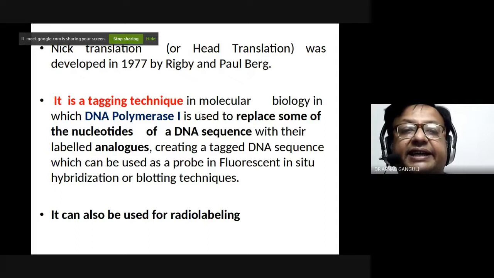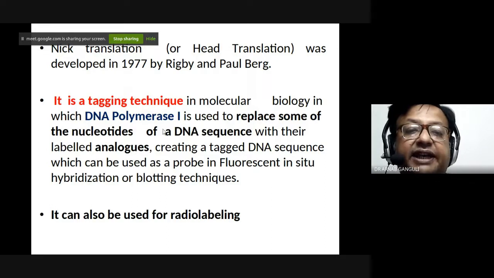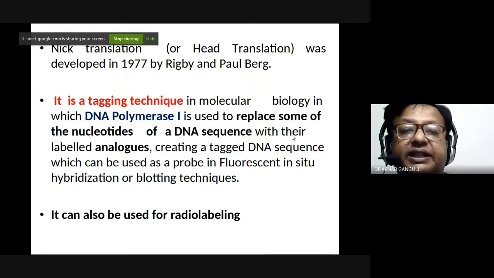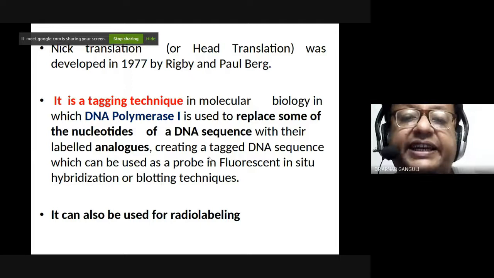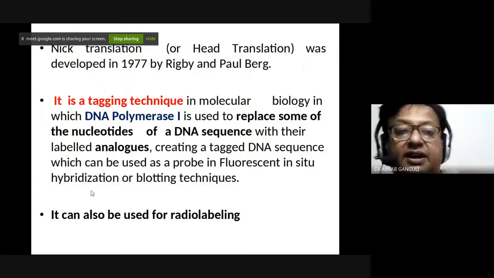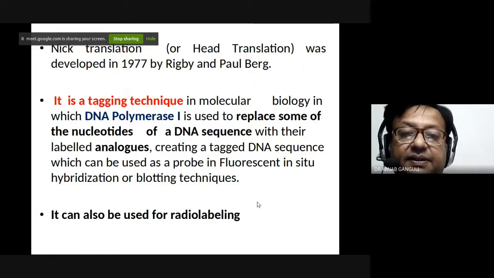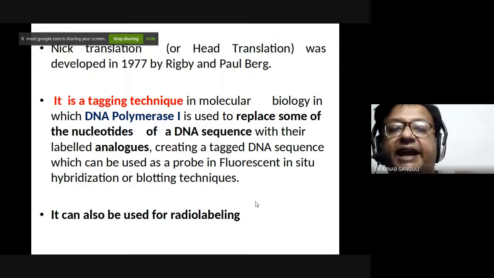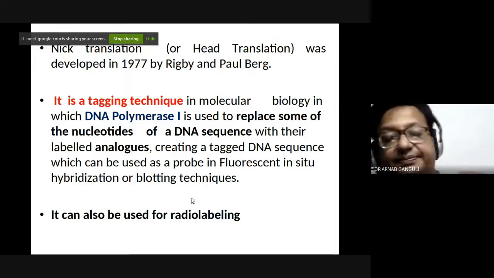It is a tagging technique in molecular biology in which DNA polymerase is used to replace some of the nucleotides of a DNA sequence with their radiolabeled analogs, creating a tagged DNA sequence, which can be used in fluorescent or radioactive Southern hybridization or blotting techniques. It is also used for radiolabeling. So you make a nick and with polymerase you fill it up.